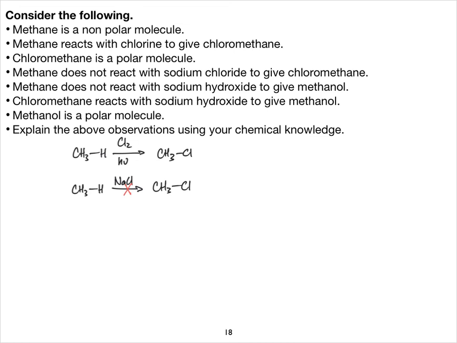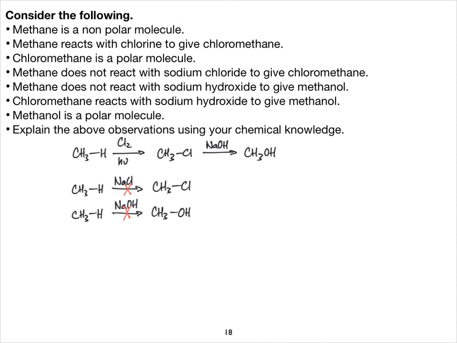Methane does not react with sodium chloride to produce chloromethane. Methane does not react with sodium hydroxide to produce methanol. Chloromethane reacts with sodium hydroxide to give methanol. So I'm going to draw that here. Methanol is a polar molecule.